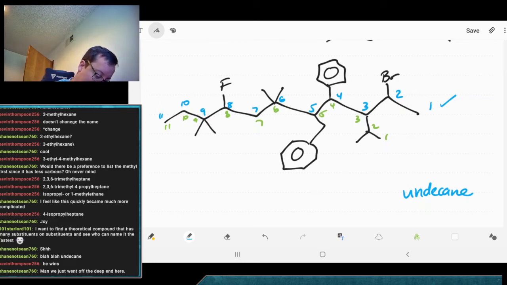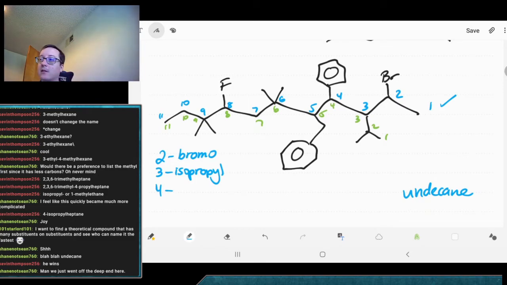So, we have 2-bromo. Carbon 2, we have a bromine. Carbon 3, we have an isopropyl. Carbon 4, what's on carbon 4? That is a phenyl.